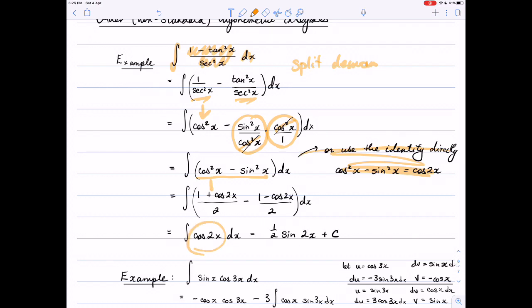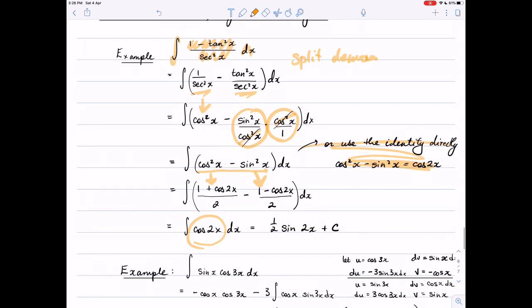You can rewrite this using the half angles that we did earlier. If you use the half angles here and then clean up, you've got a 1/2 that's going to cancel with that 1/2, and then you've got 1/2 of this, minus minus gives you another. You get 1/2 cos 2x plus 1/2 cos 2x, and those will add up together to give you cos of 2x.